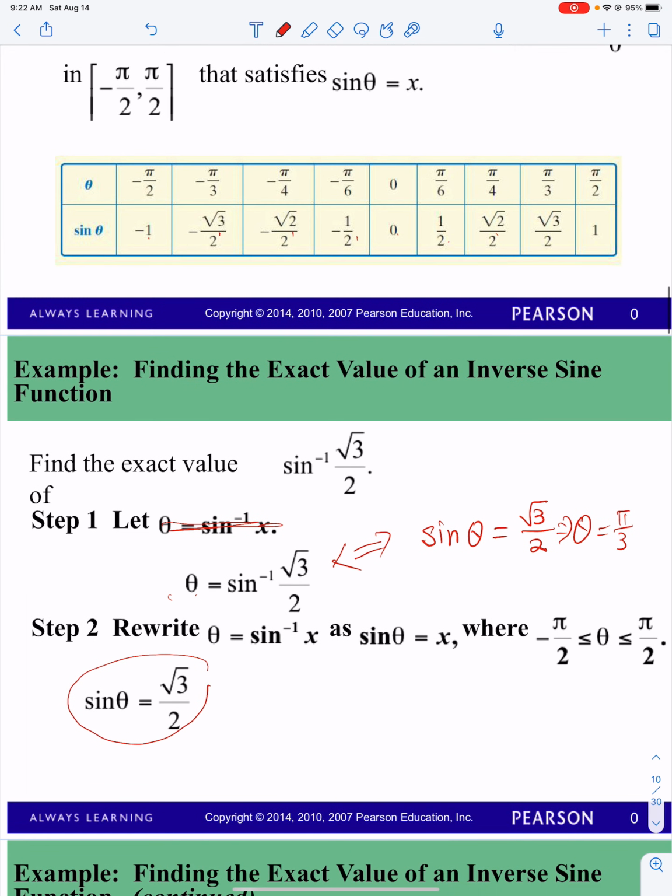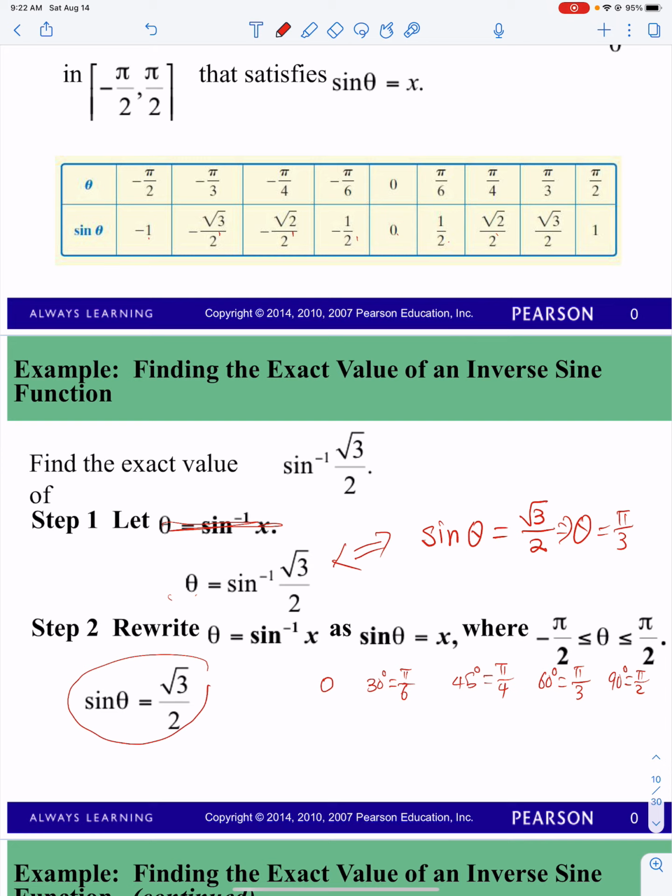Okay, so I will teach you guys a technique to remember this. So 0, okay, 30 degrees, which will be pi over 6. 45 degrees will be pi over 4. 60 degrees is pi over 3. 90 degrees is pi over 2.